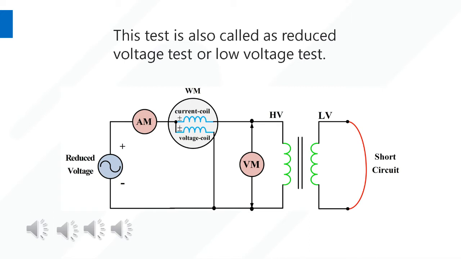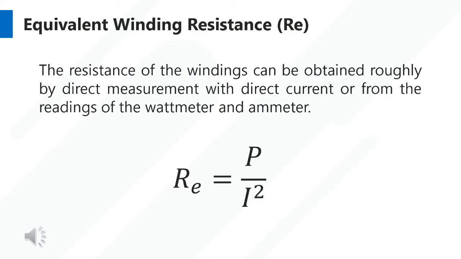So, let's proceed na kung paano natin mahanap yung mga constant parameters. So, first, sa equivalent winding resistance or the RE, the resistance of the windings can be obtained roughly by direct measurement with direct current or from the readings of the wattmeter and the ammeter.